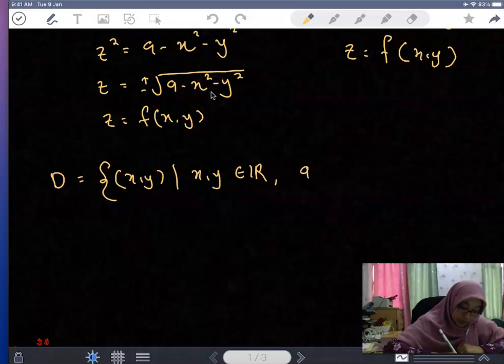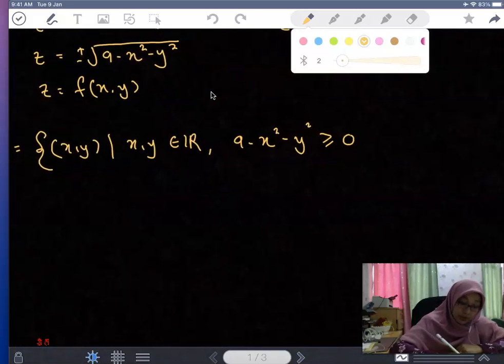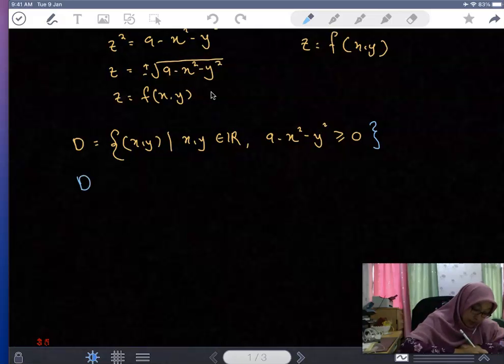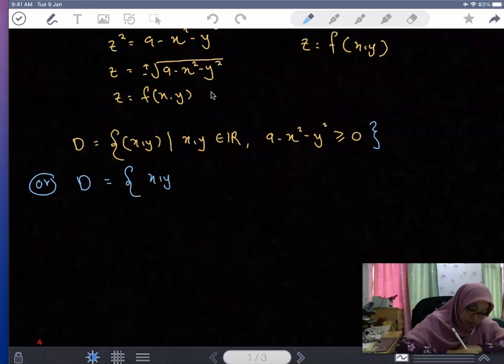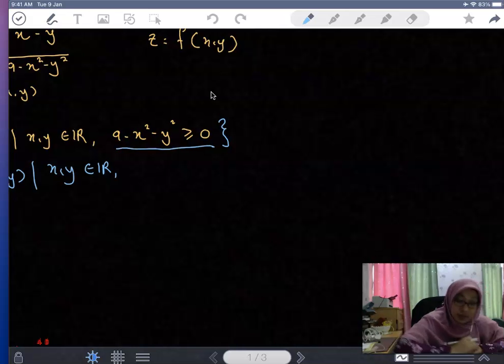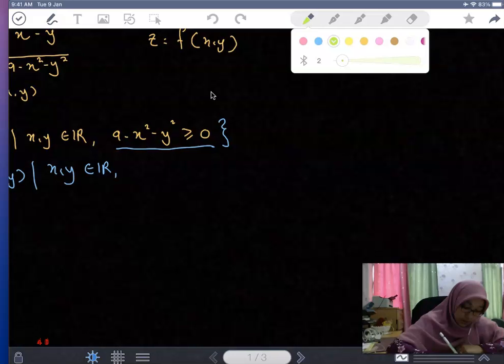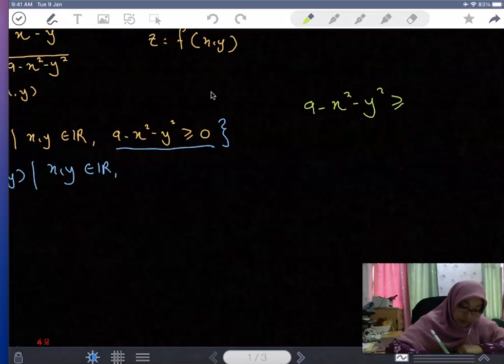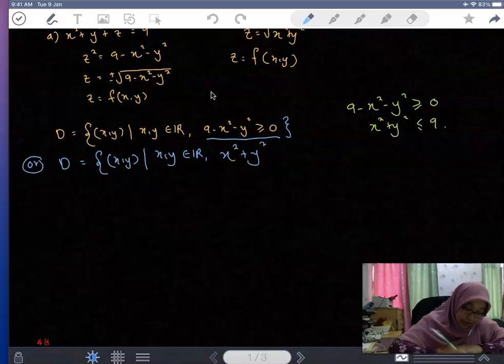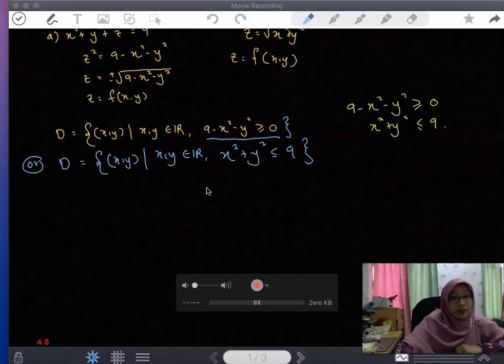So we put the constraint 9 minus x squared minus y squared greater than or equal to 0. If you rearrange this expression and simplify, you get x squared plus y squared less than or equal to 9, that is, the radius is at most 3. Okay, so that is the description of your domain.